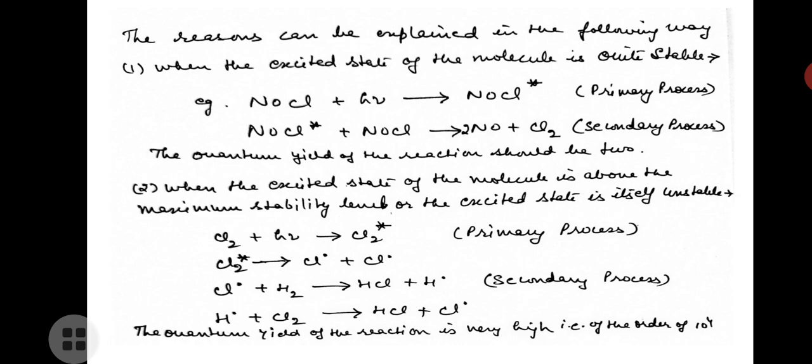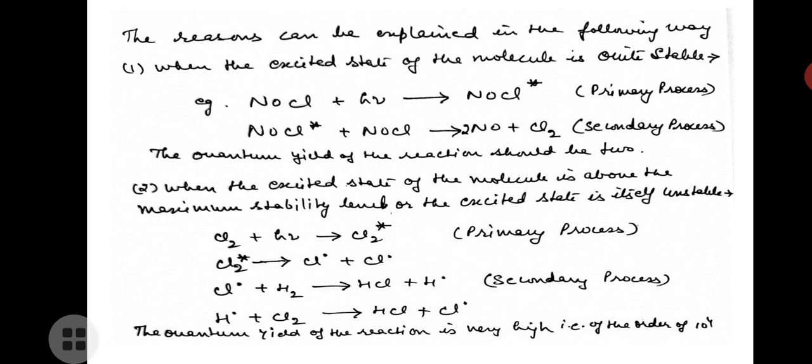An example is shown here. Reactions are shown of NaCl. In these reactions, one molecule of NaCl absorbs one photon in accordance with Einstein's law and gets excited. The excited electronic state of this molecule is stable.